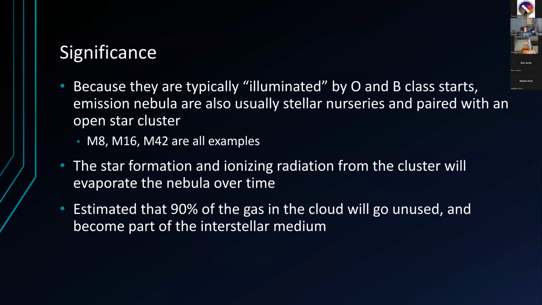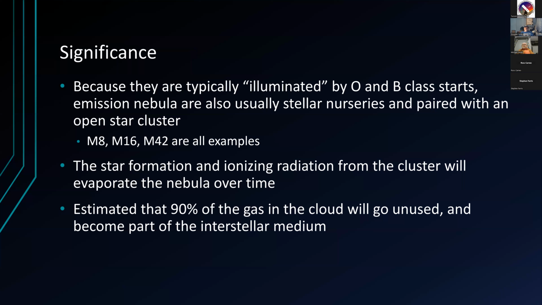So as the light pushes away this gas, it inhibits star formation inside of the cluster. Over time, you are left with just an open cluster with no nebula. For those who might have seen the double cluster, this is an example. Their emission nebula has been blown away by the younger stars in the cluster, and all that's left is these two open clusters in the night sky.